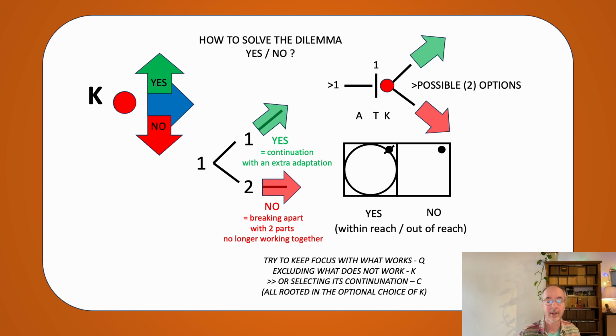All in the C. All this is rooted in this optional choice of K. So K is also a lot about the starting point of consciousness of choices. All these two words are with the C. But that's the direction we will go.